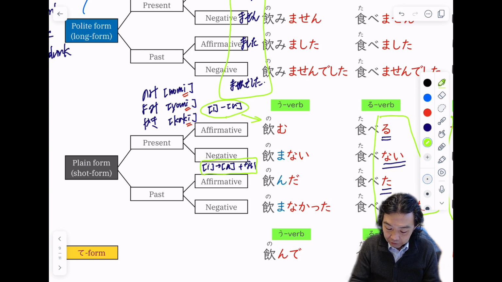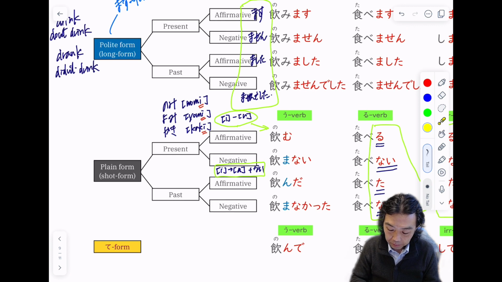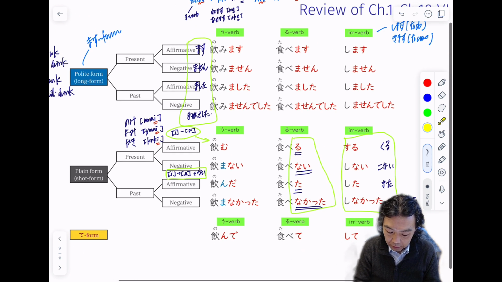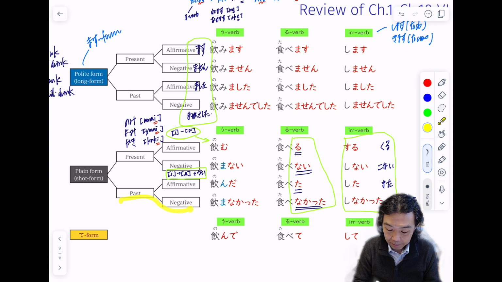So we are left with the past tense, plain past tense. Here, it's a little bit different. So let's start with the past negative. Right? So past negative, 飲まなかった、食べなかった、しなかった。And then you probably notice that all the past negatives end with なかった。Right.